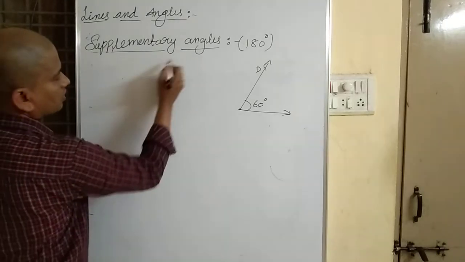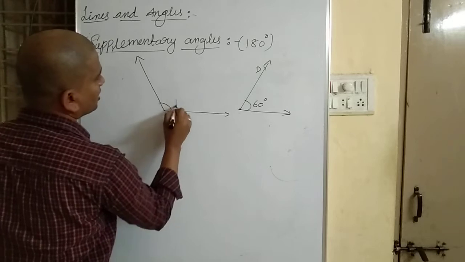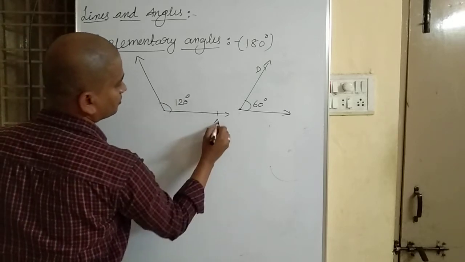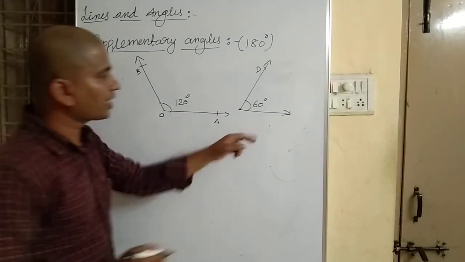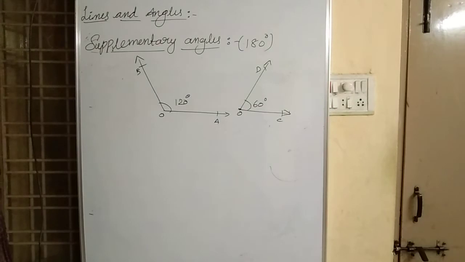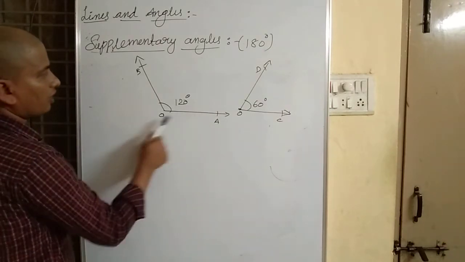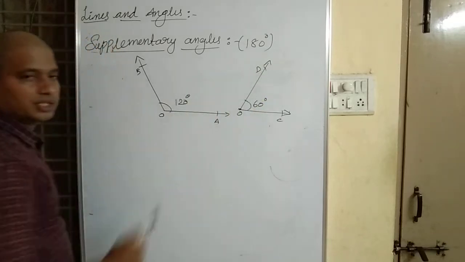For example, suppose this angle is 120 degrees and the second angle is 60 degrees. Angle AOB is 120 degrees, angle COD is 60 degrees.